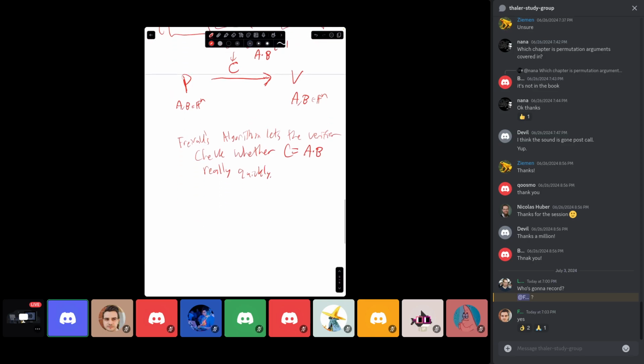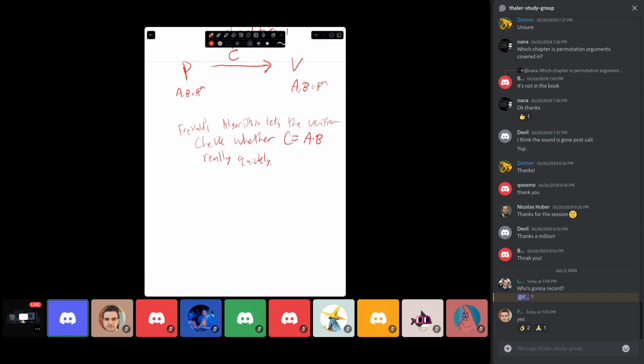Specifically, this check runs in time about n squared. And so this is actually what we call linear time.